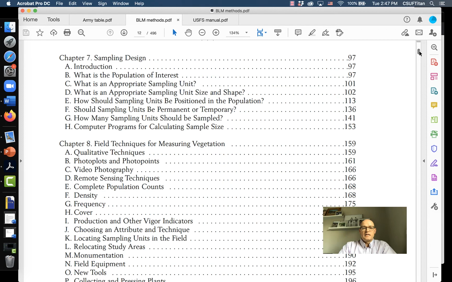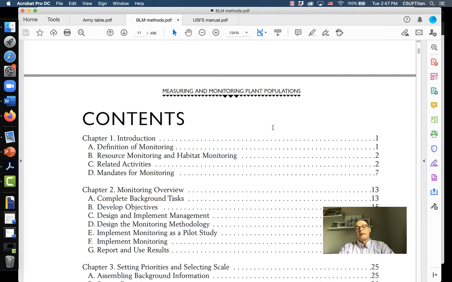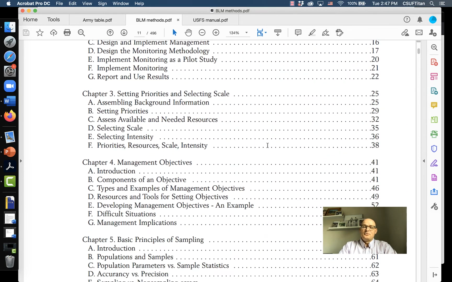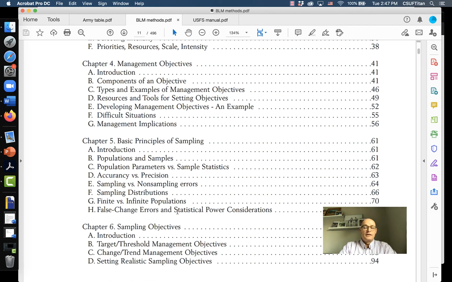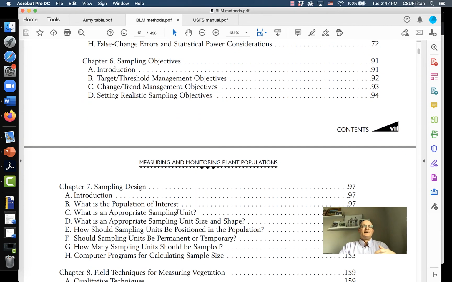So I'm trying to find the table of contents. This one gives you an overview about how to monitor plant populations, which priorities you have to manage for, how you're going to manage them, how you're going to sample, the different types of sampling approaches, errors from sampling, non-sampling errors, sampling distributions.